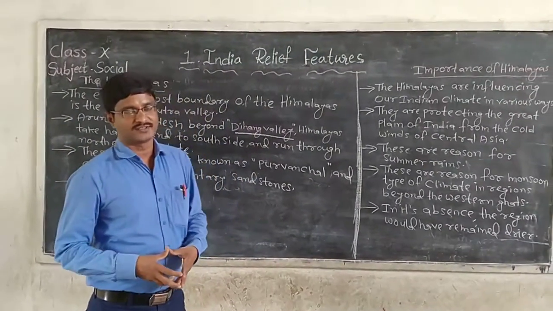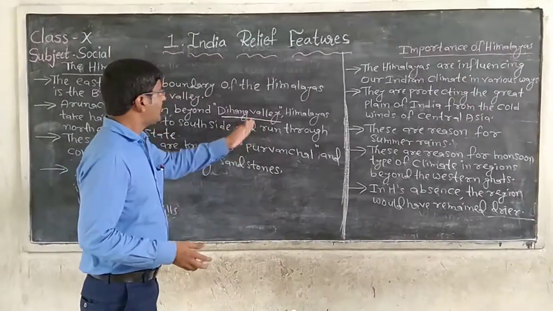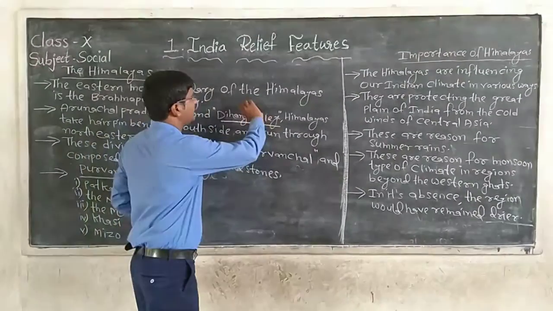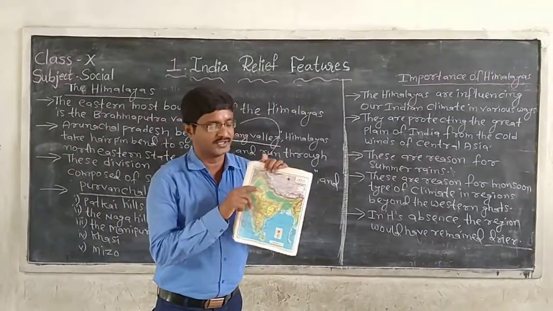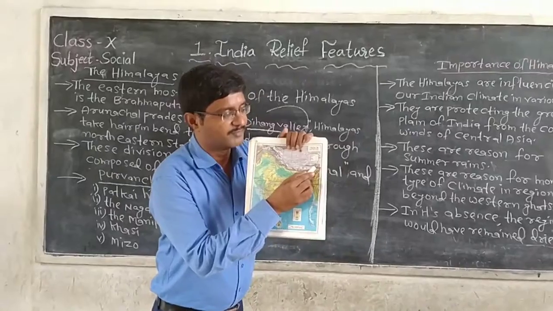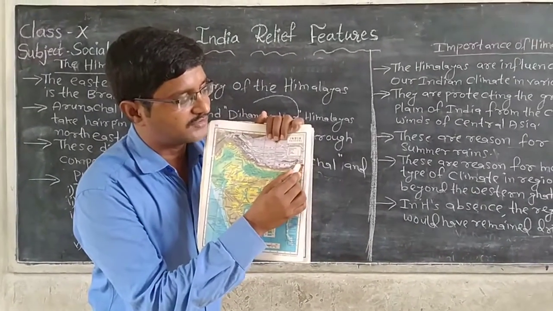In the state of Arunachal Pradesh, beyond the Dihang Valley, the Himalayan mountains take a hairpin bend. A hairpin bend means they bend like this. If you observe the map here, these are the Himalayan mountains, and this is the state of Arunachal Pradesh.